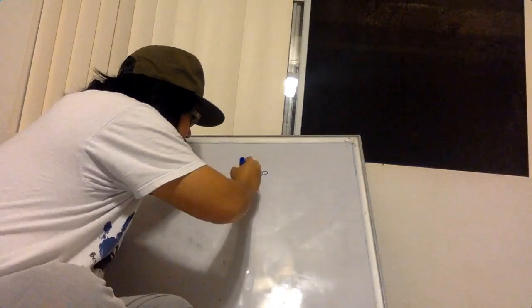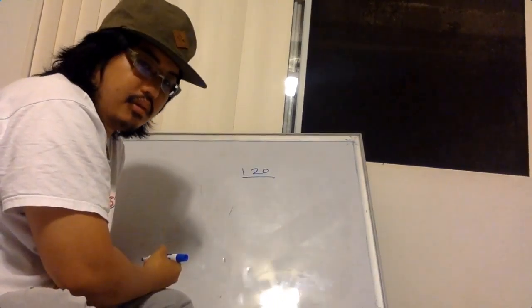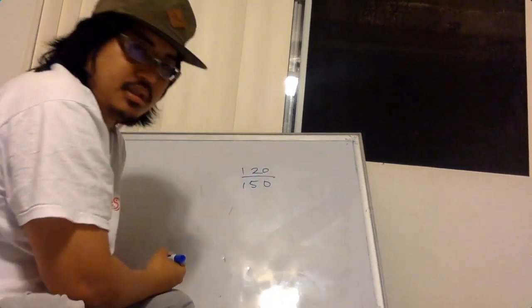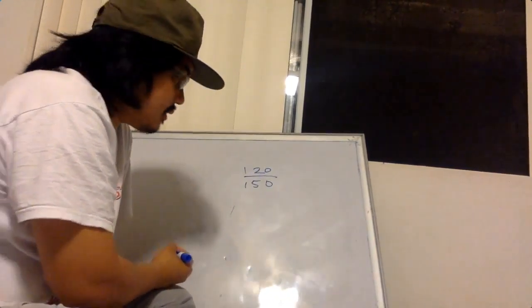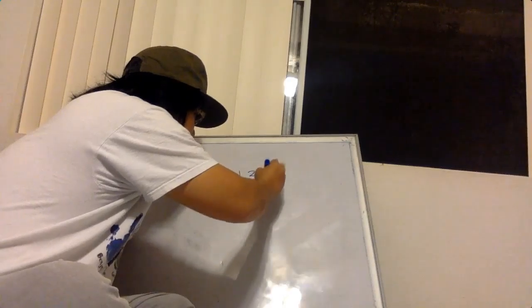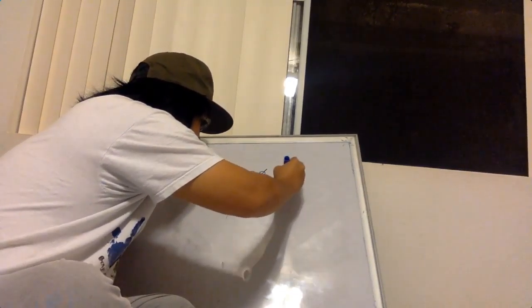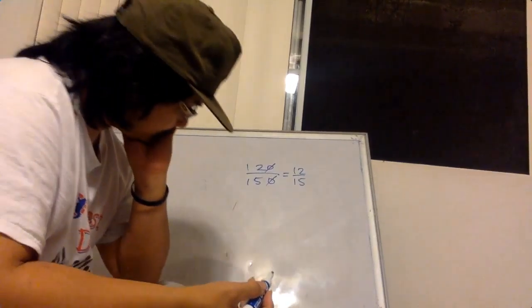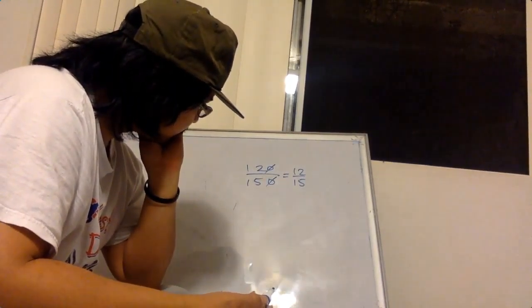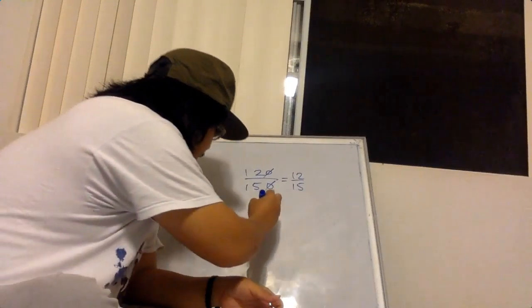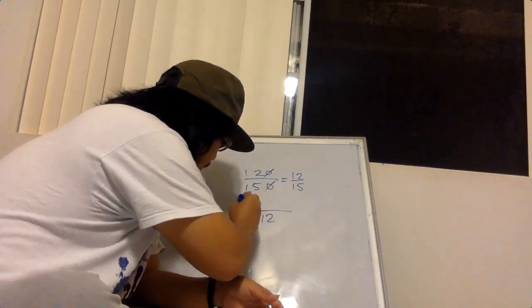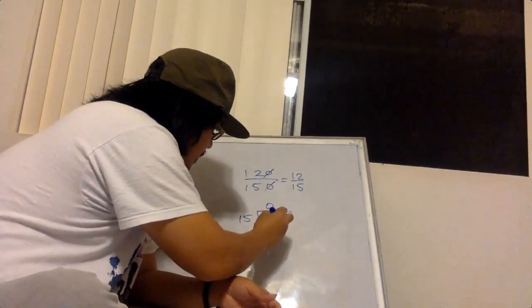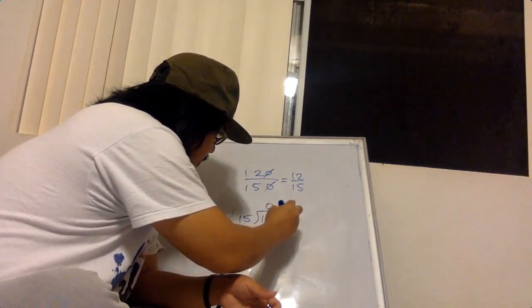$120 is how much it's sold for. $150 is how much it actually cost. I can cancel those out and I have 12 over 15. Can I reduce that any? I don't think so. Okay. So how many times can 15 go into 12? 0 times. I can add an extra 0.